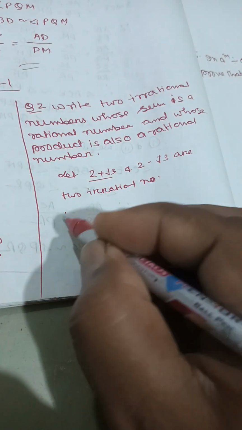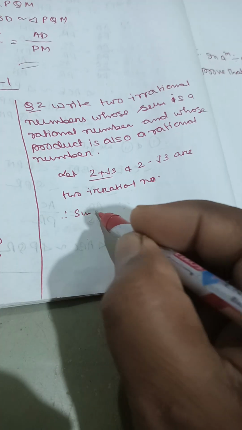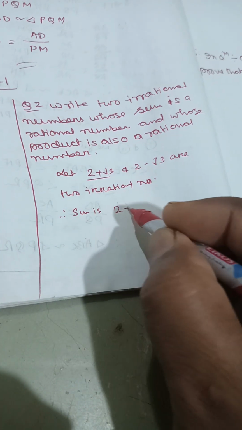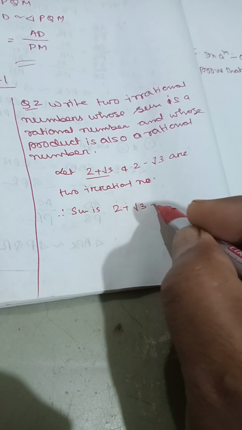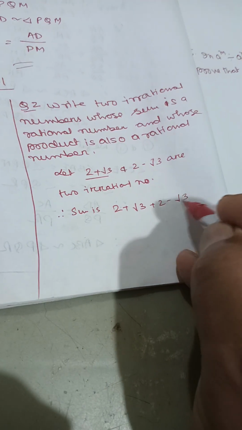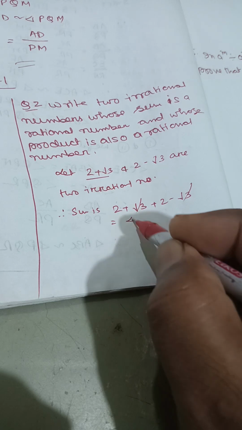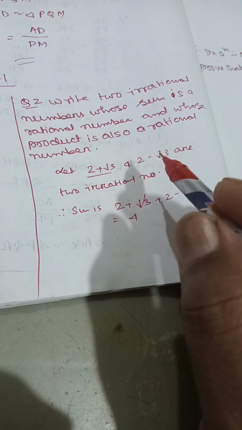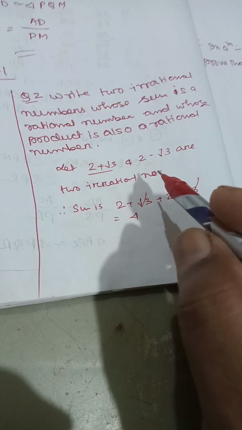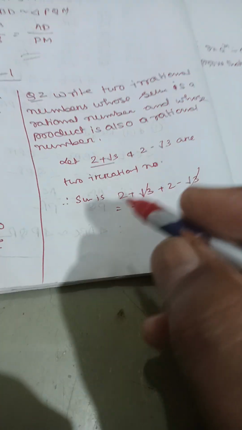Okay, therefore their sum, you see, 2 plus root 3 plus 2 minus root 3. Here you see root 3 cancel, so you will get 4. This number 4 is rational. 4 can be written as 4 by 1, so it is rational.